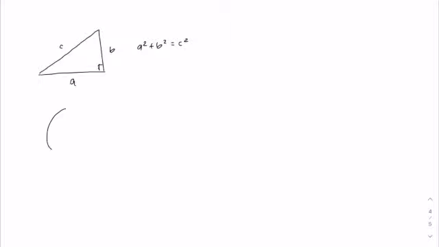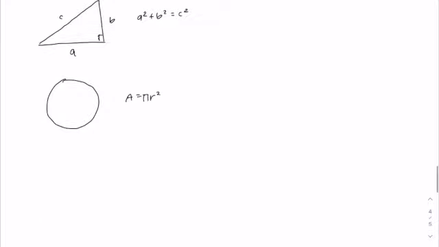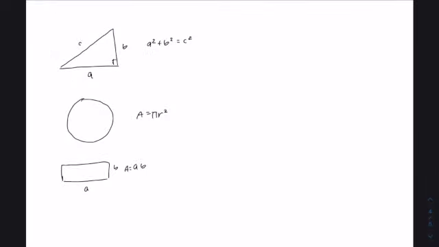Or you have a circle, and so that would just be the area is equal to pi r squared. You may have a rectangle, that's just a times b. And then for three-dimensional shapes, you probably have a sphere like we worked with earlier. And then that volume is 4/3 pi r cubed.